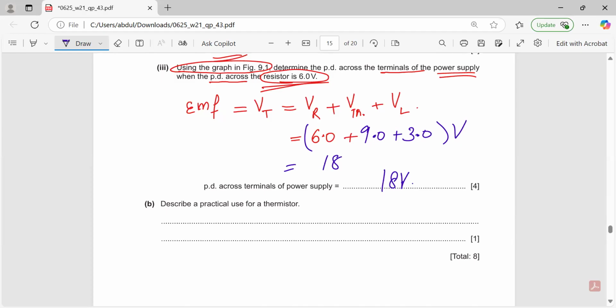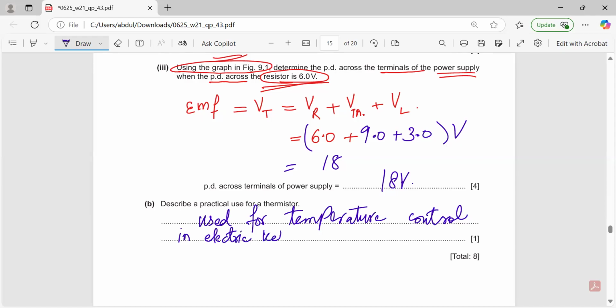Practical use for a thermistor. Thermistor or LDR, these are sensing devices, used for temperature control in an electric kettle.